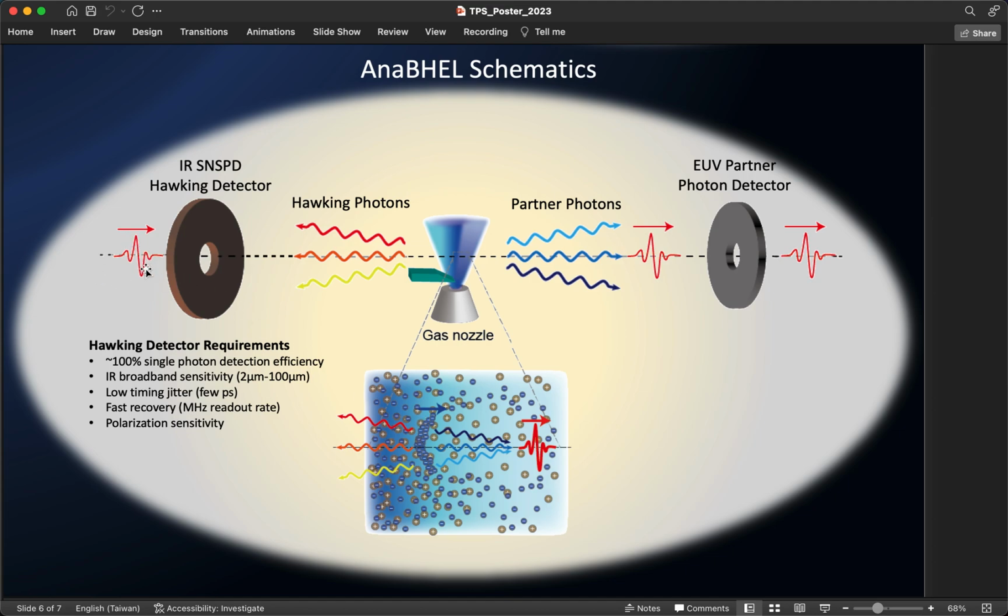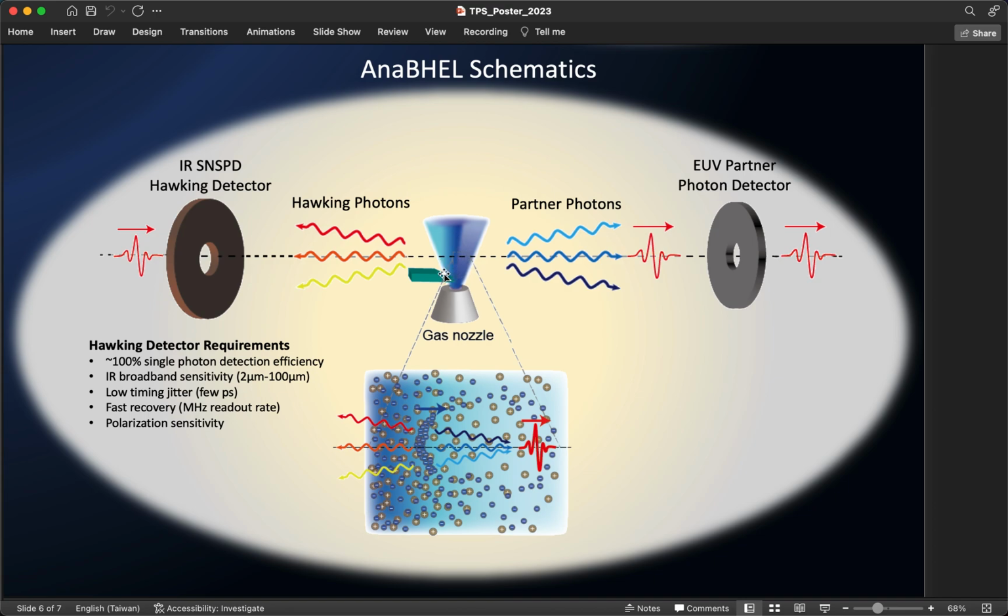So with a very intense laser, the physics would happen inside this gas, which is shot out by the gas nozzle. The high intensity laser would create a plasma wake field inside this gas.